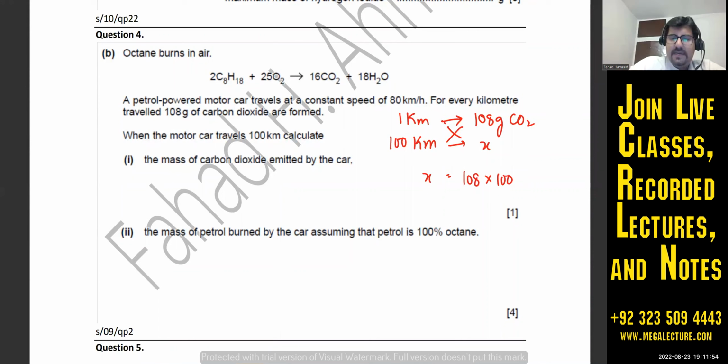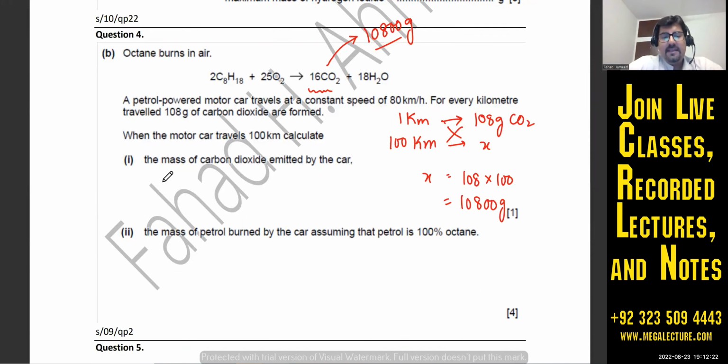So it comes out to be 10,800 grams. I found out the mass of at least one thing in the equation. The amount of carbon dioxide being produced is 10,800 grams, right? It's simple: you just figure out what 100 kilometers produces.